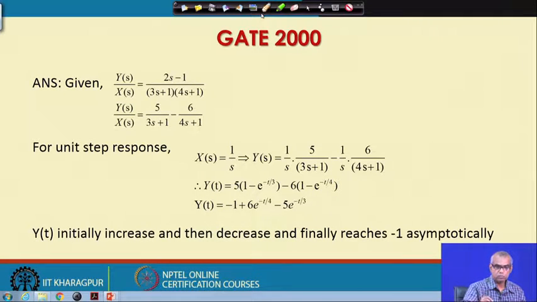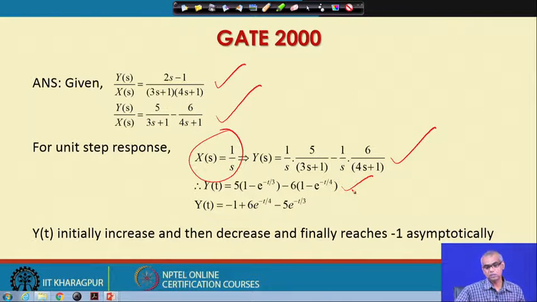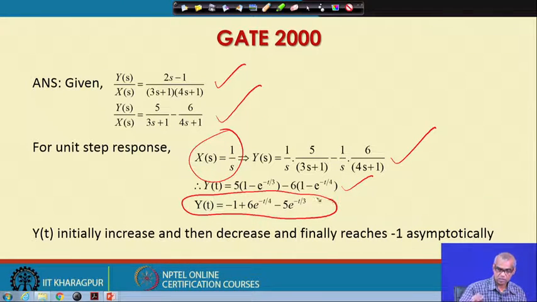So, this is the transfer function given, which you can write using partial fractions as follows. For unit step, x is equal to 1 by s, so Y(s) can be computed, and then you can take the inverse to find the response in the time domain, which you obtain as this.